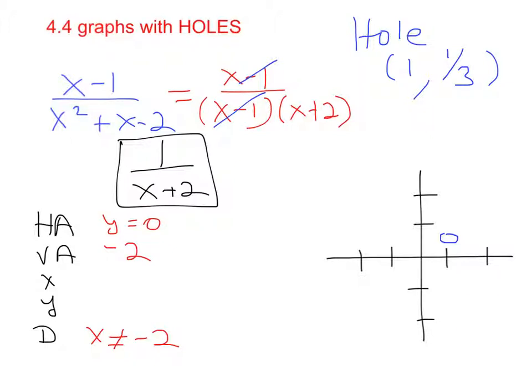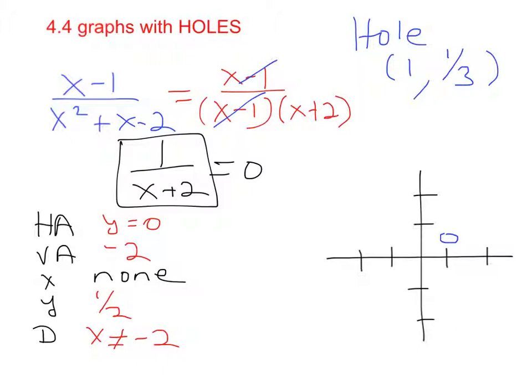My y-intercept is going to be positive 1/2. That's where I plug 0 in for x, so I get 1/2. And my x-intercept, well, if I set this equal to 0, all I'm looking for is to set my numerator equal to 0, right? Well, 1 can't equal 0, so that tells me there is no x-intercept.